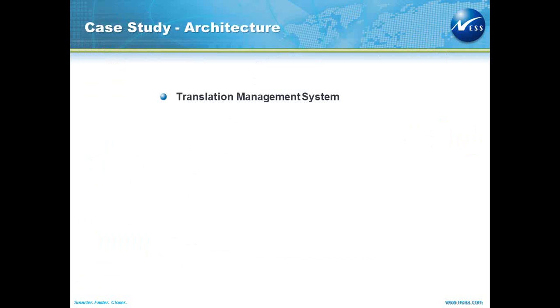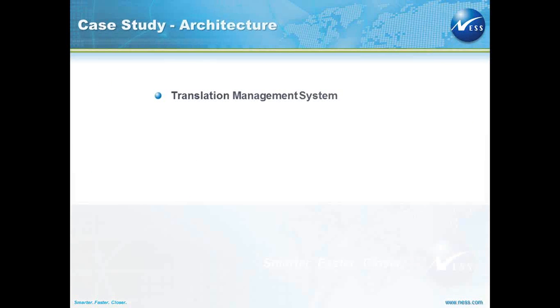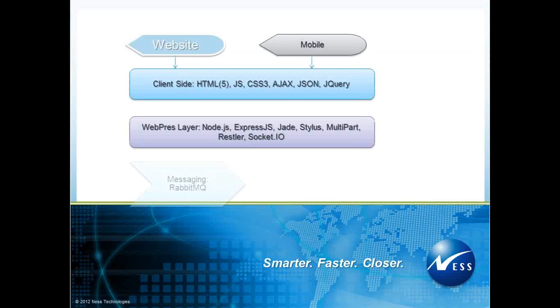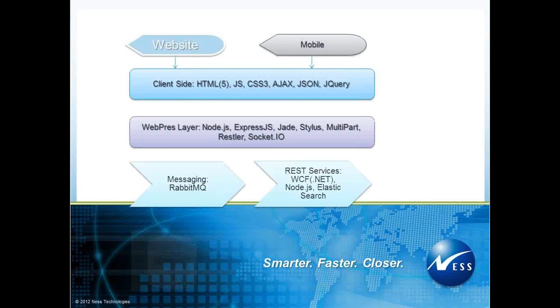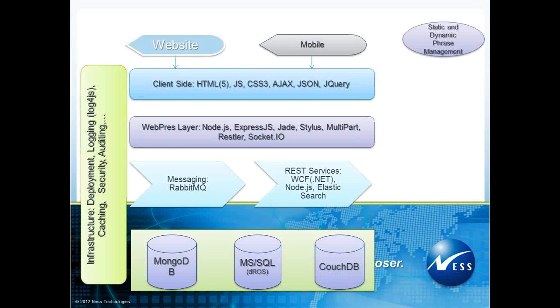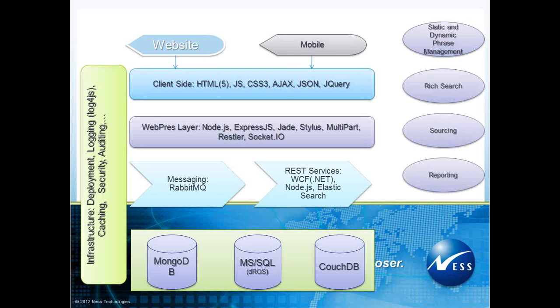So we look at the small portion over here, the translation management system. So as you can see, the architecture comes up on your screens. The TMS is consumed by a website and by mobile. So we have responsive web design support.